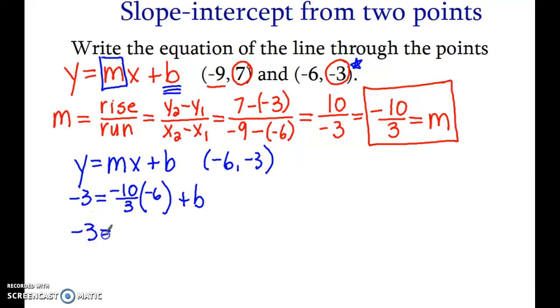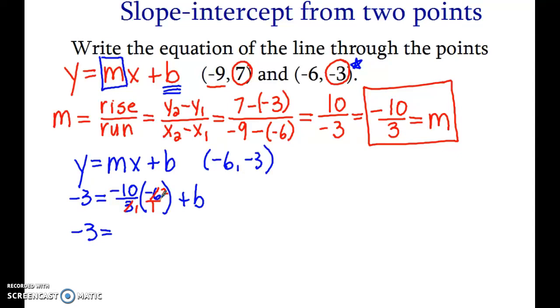Negative 3 equals. Here I'm actually going to simplify first. So 3, I could multiply across, or this is actually over 1, but I'm going to simplify first. So 3 divided by 3 is 1, and on the top, 6 divided by 3 is 2. Again, we learned that in elementary school.